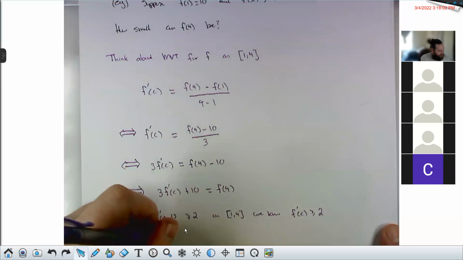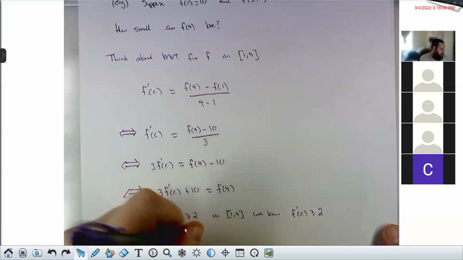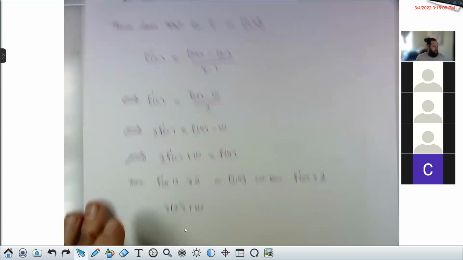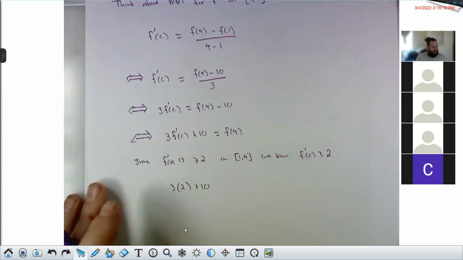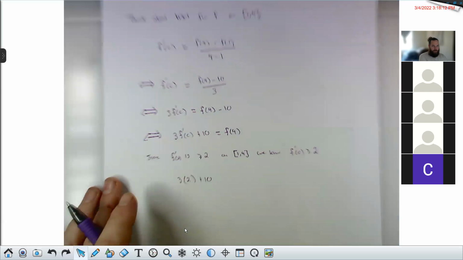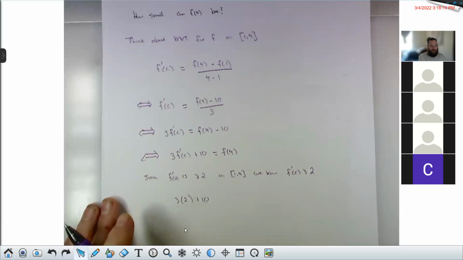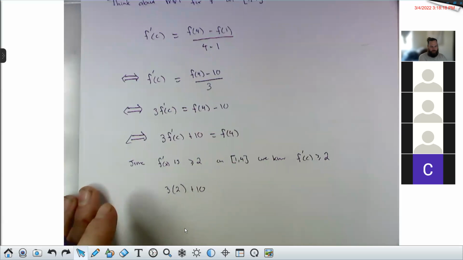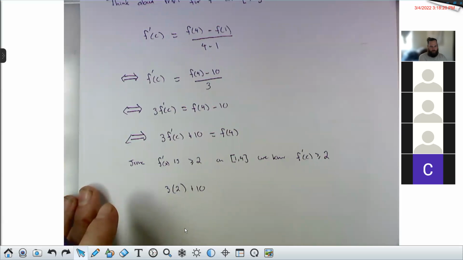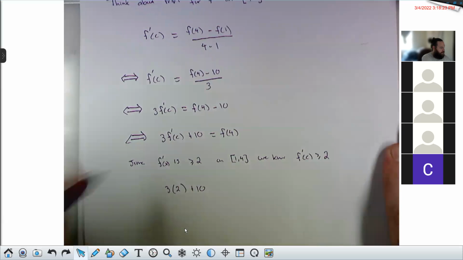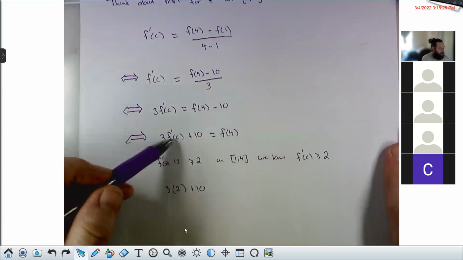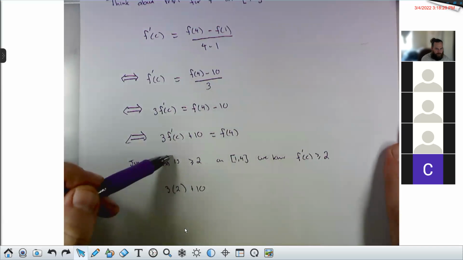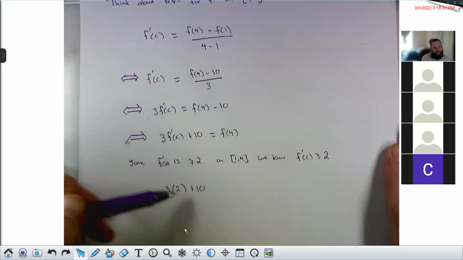So then 3 times 2 plus 10 is the smallest possible value of the left-hand side. I'll say it like this. Since f prime is greater than or equal to 2, the smallest possible value of 3 f prime of c plus 10 is 3 times 2 plus 10, because f prime is guaranteed to be at least 2.